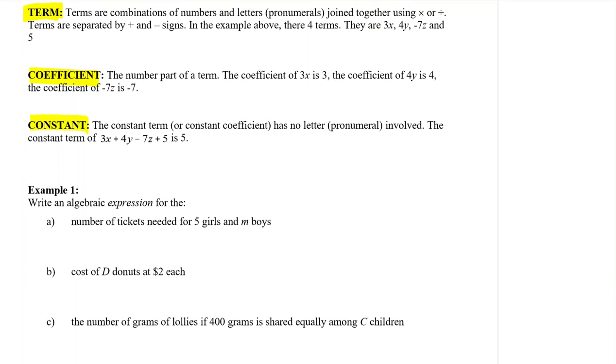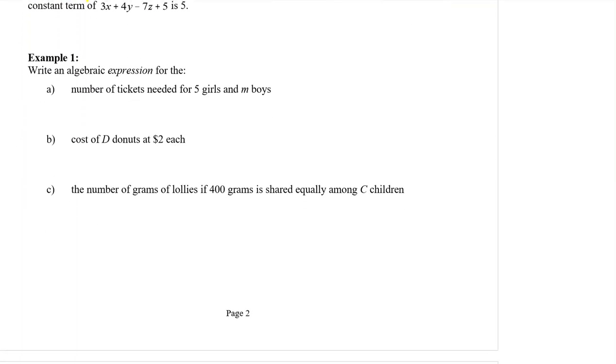All right, let's practice making some expressions. Here are our examples. Write an algebraic expression for each of the following things here. So the first one is number of tickets needed for 5 girls and m boys. Well, 5 girls, I'm going to need 5 tickets, right?